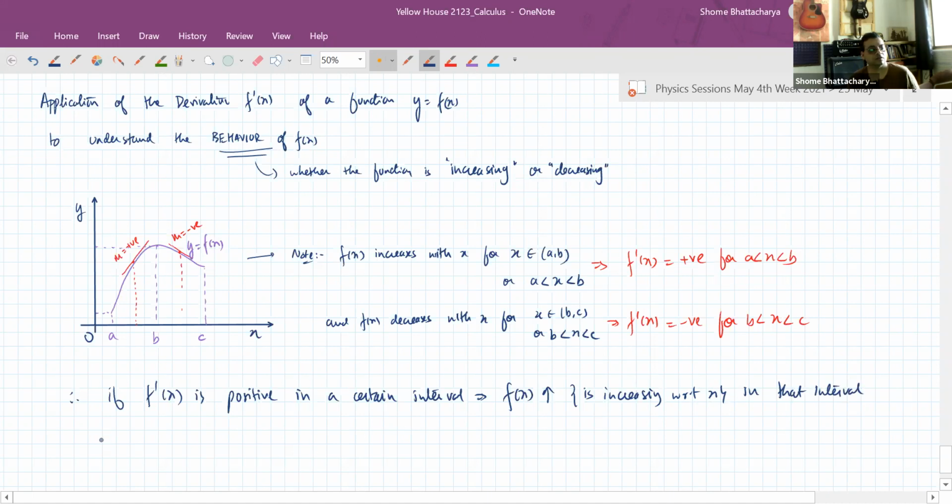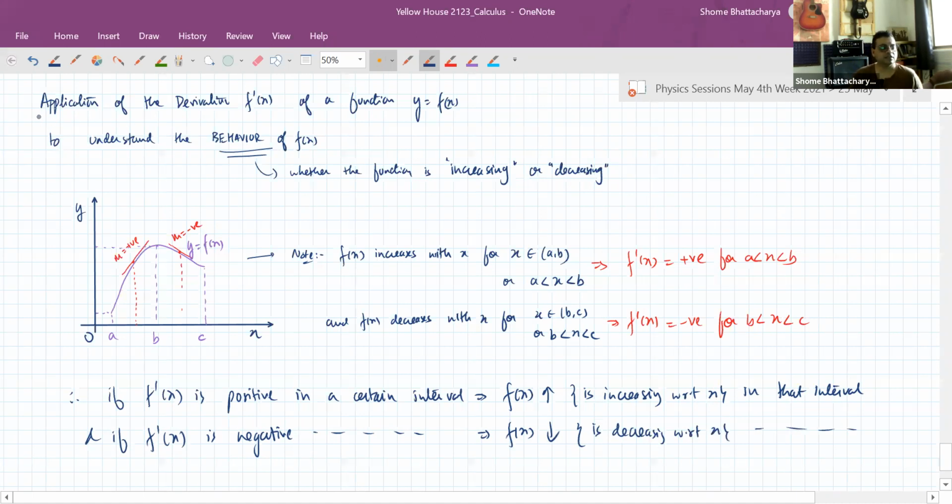Whereas if f prime x is negative in a certain interval, then the function is decreasing in that interval. This is the application of the derivative f prime x of a function in understanding the behavior of the function, by which we mean whether the function is increasing or decreasing.